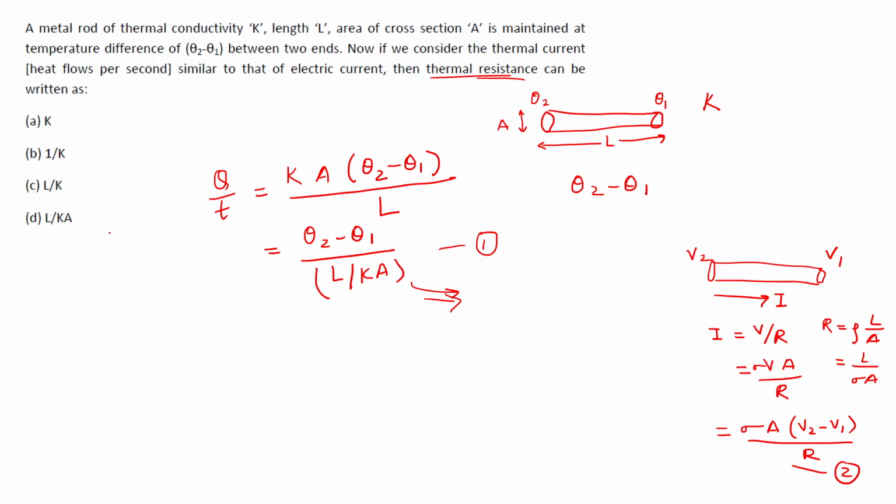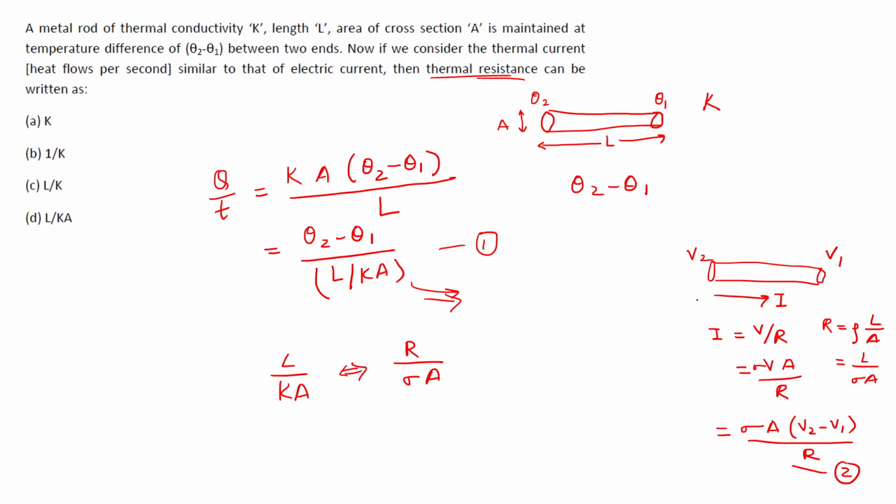Thermal resistance can be written as, or wait, if I equate these two, like L by KA and L by sigma A, these are different things. Only if we compare, I think the resistance, we can take this whole L by K, it will be L by K, I think.